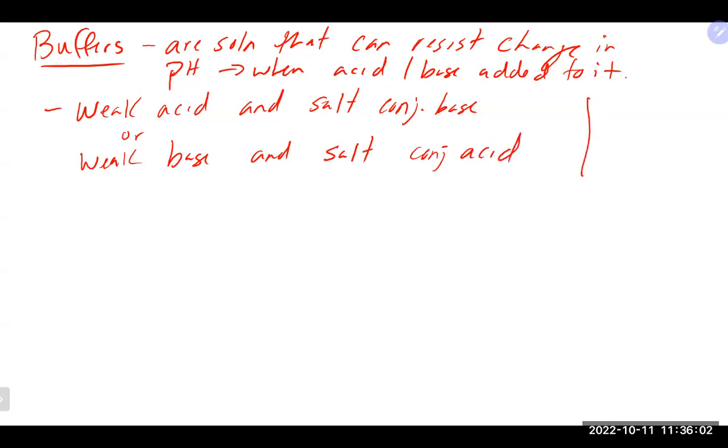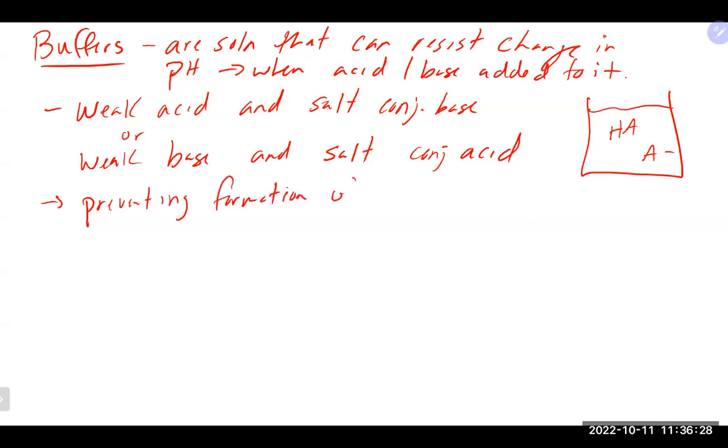And they both are basically in the solution at the same time. So there's an acid part and there's really a base part to a buffer that is floating around in the solution to begin with. That means when you add more acid or you add more base to a buffer solution, ultimately it's able to maintain the pH by preventing the formation of free H plus when you add acid, or free OH minus when you add base.